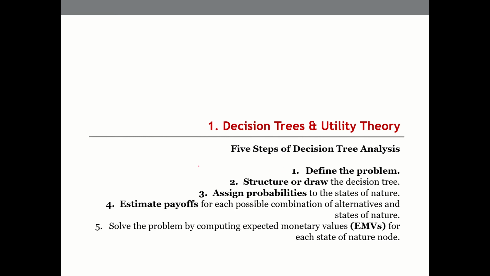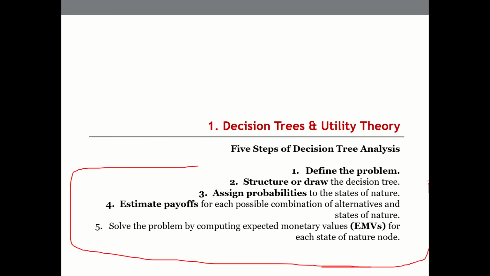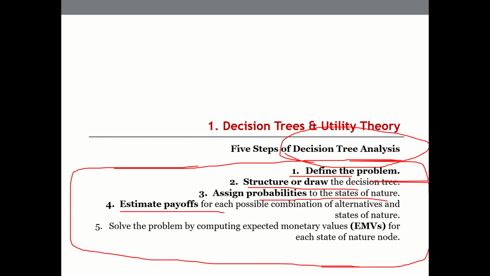Then we also said that we have to define certain things before we start constructing the decision tree diagram. We said define the problem, we should know what the steps involved and the iterations are, what possible ways we can take the decisions, and how much cost will be involved in each possibility.